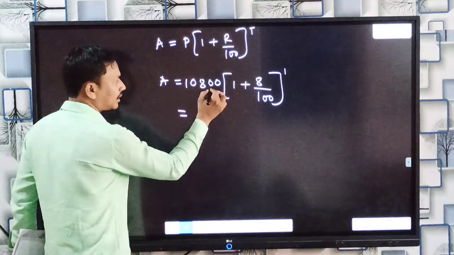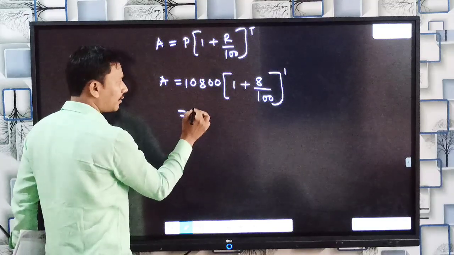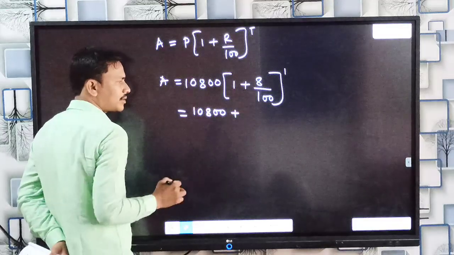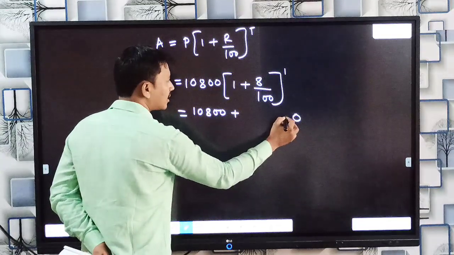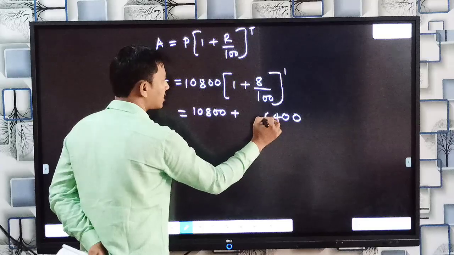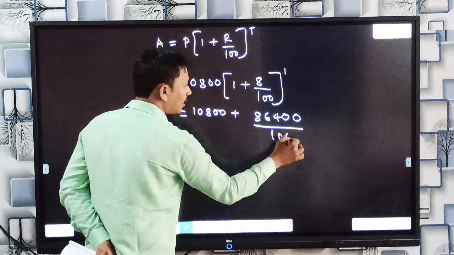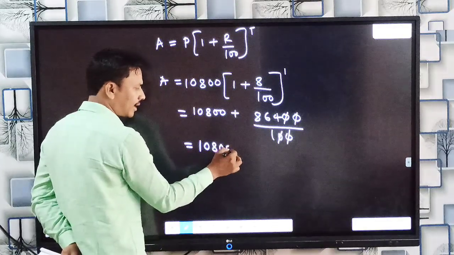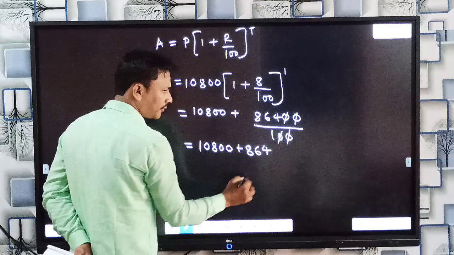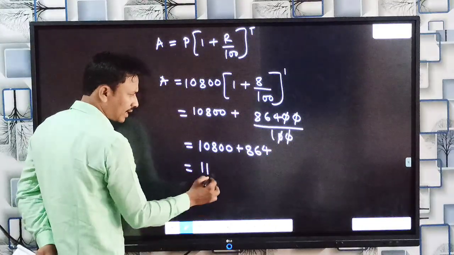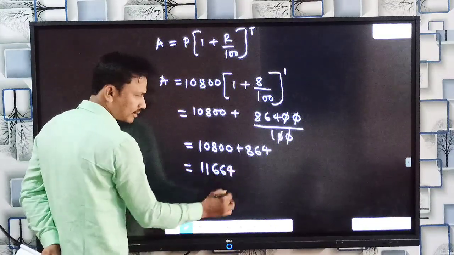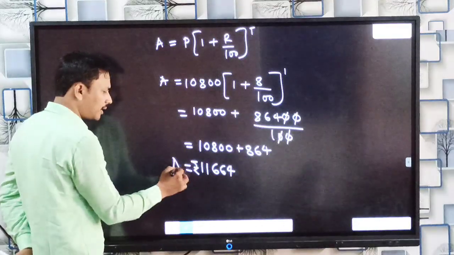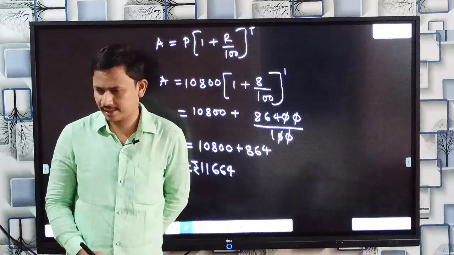This is equal to 10,800 into 1, 10,800 plus 8 into 10,800 divided by 100, which is 864. This is equal to 10,800 plus 864, which is 11,664. Correct? 11,664 rupees is the amount for the second year.